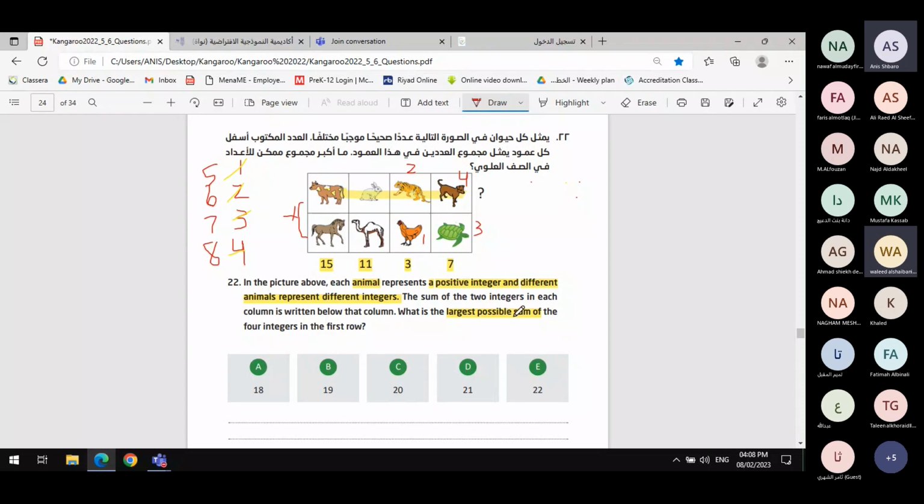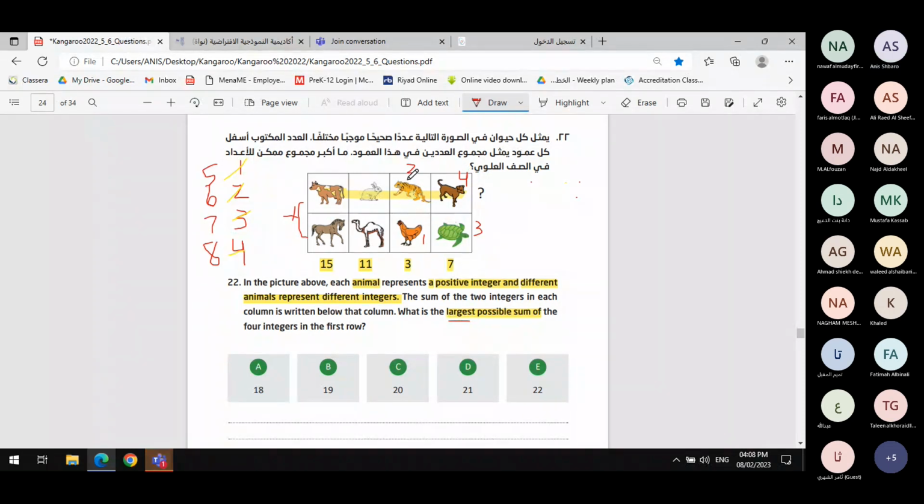They want the largest possible sum. So what we are trying to do is to assign the smallest possible integers down. We started with the chicken because the sum of chicken and tiger is 3. So of course we are going to assign 1 or 2, but we need the smallest numbers down and the biggest numbers up because we want the largest possible sum.